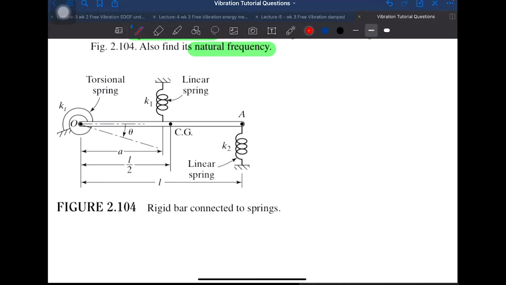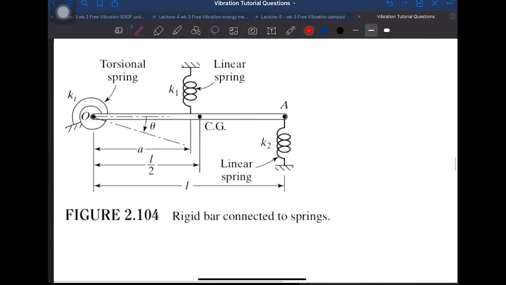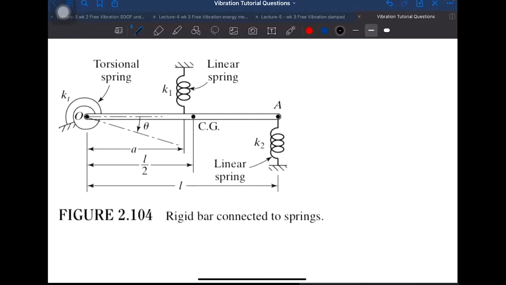So first of all, try to do a free body diagram, like a schematic diagram like that, before solving for your EOM. Okay, I'm just going to show it over here. The blue line is the original position of the bar.